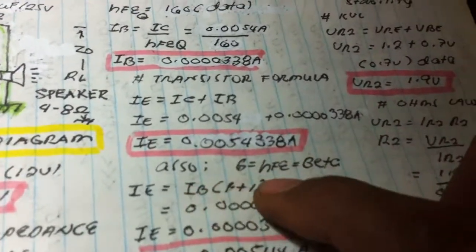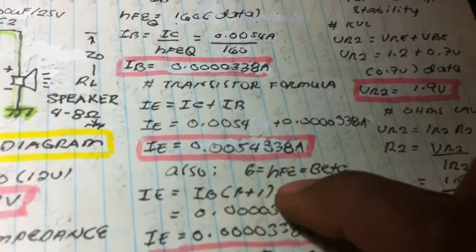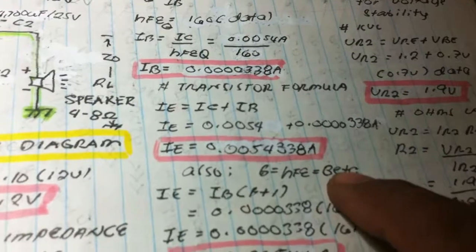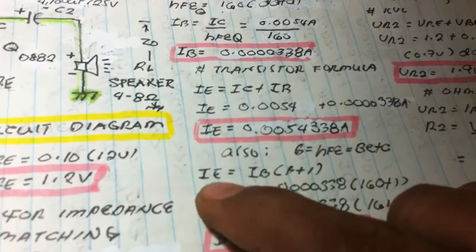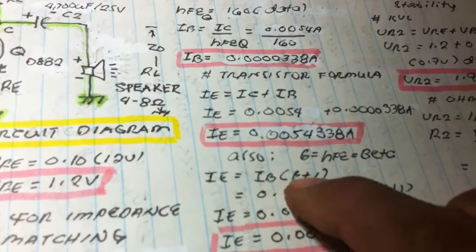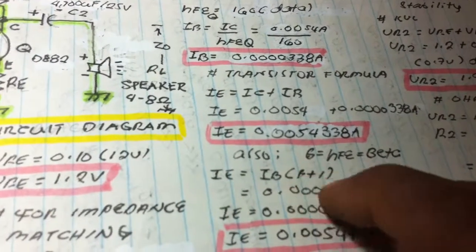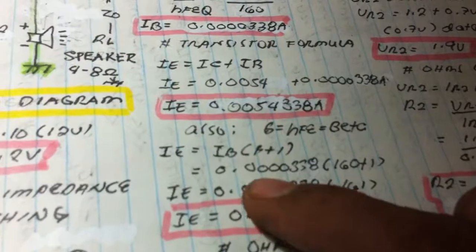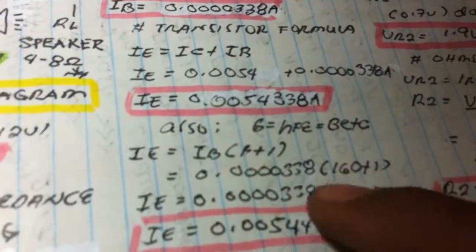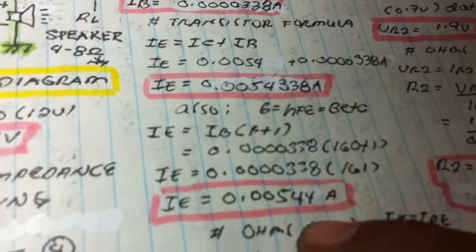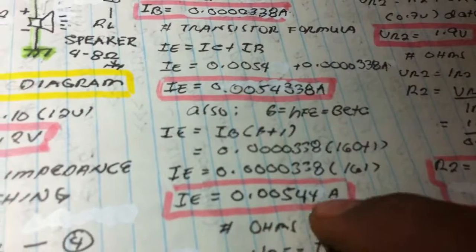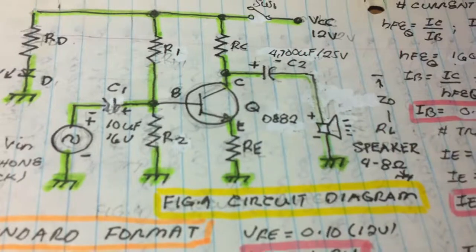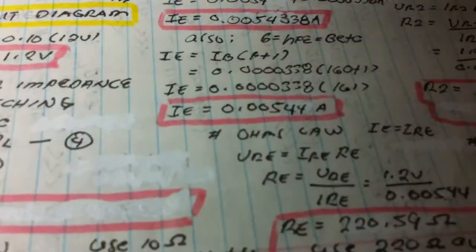Also, we can use this formula since hFE is equal to beta. IE is equal to IB times beta plus 1, also a formula used. By substitution, we know IB and beta, we got 0.005448. That is the current that flows into the emitter, IE.